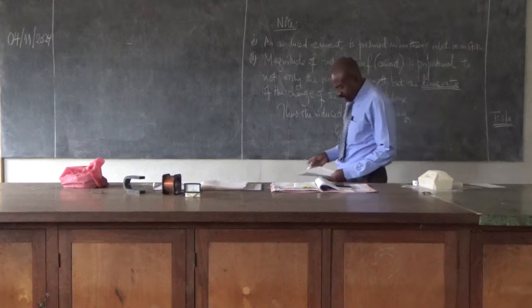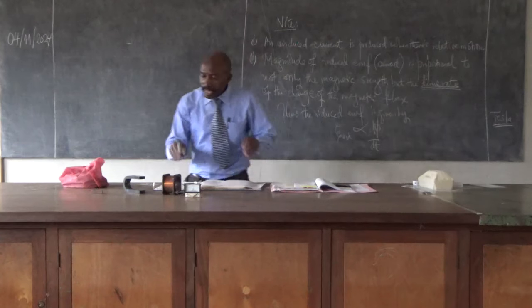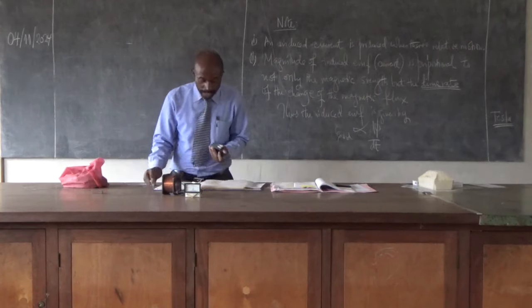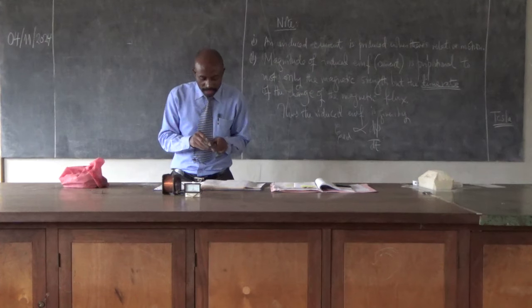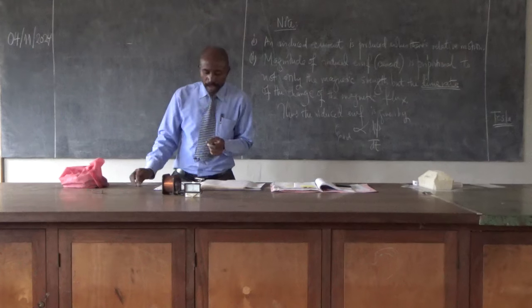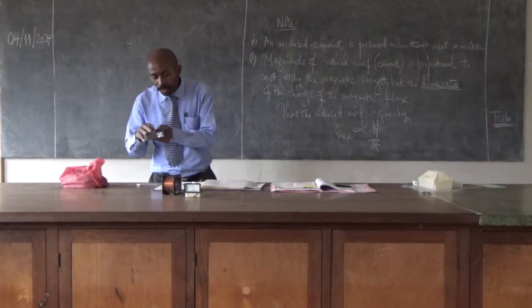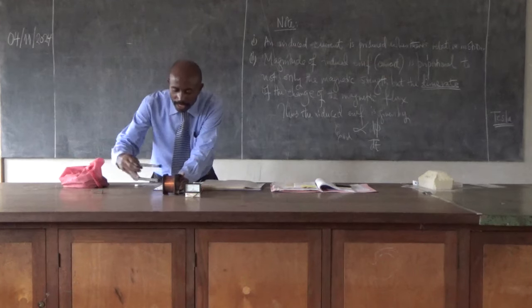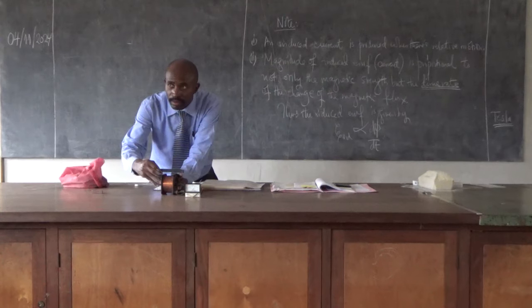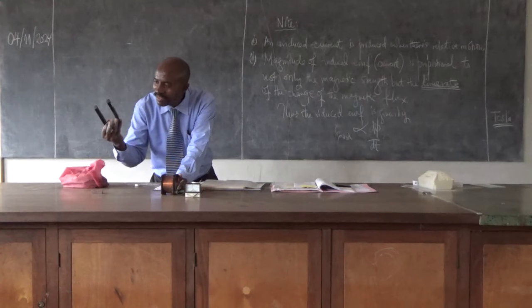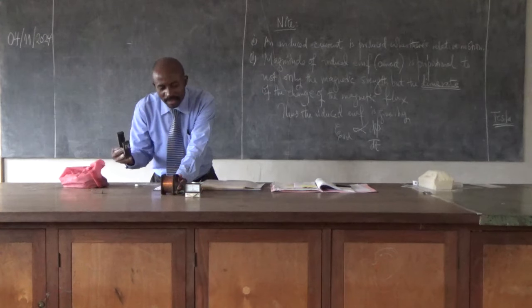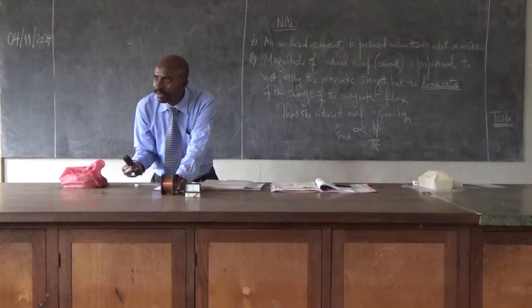But also, I can label this as north and this one as south. If I approach with the north and go in, then I go out, this is the south. But it depends on where I am.